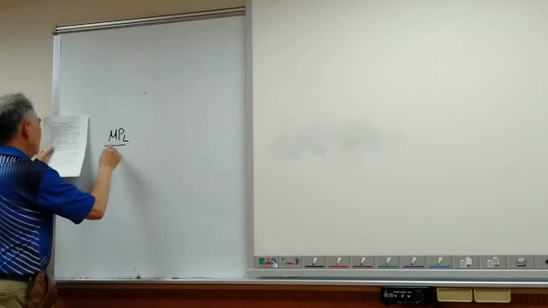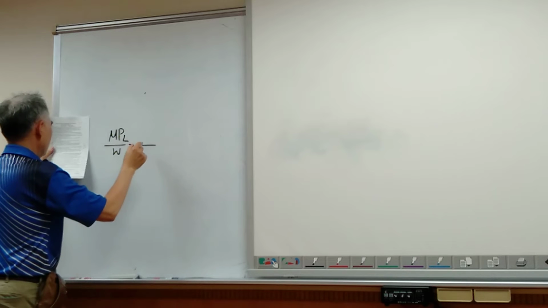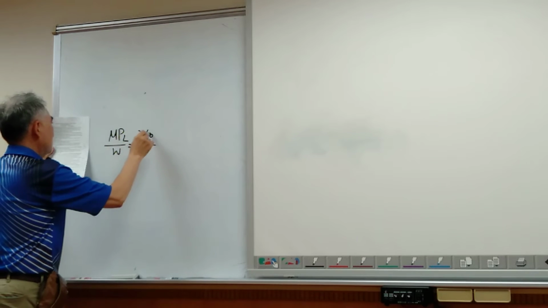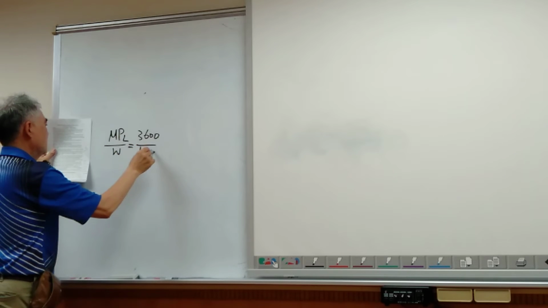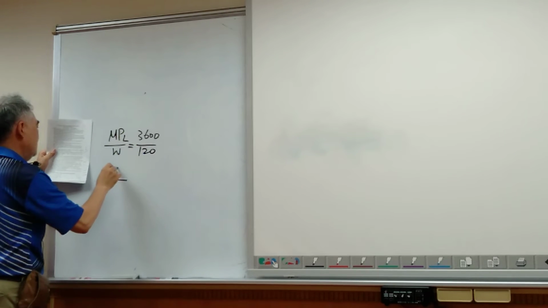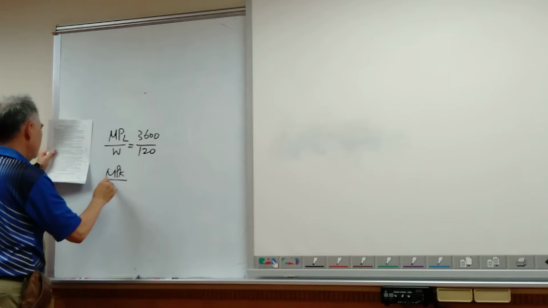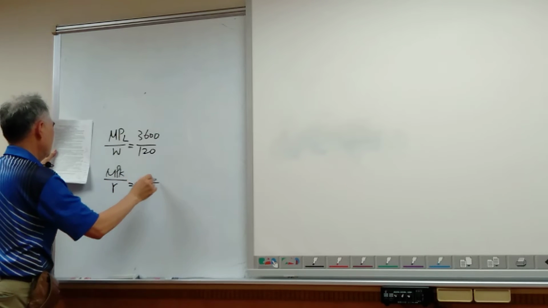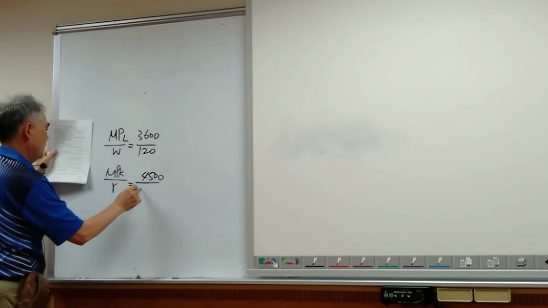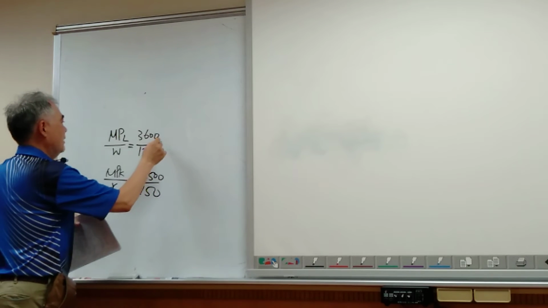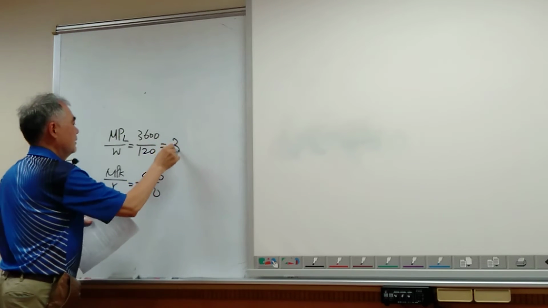So here NPL divided by W is equal to, NPL 3,600, right? And the price of labor is 120, and NPK divided by the price of capital, so that is 4,500 divided by 150. What do you have here? You have 3, right?